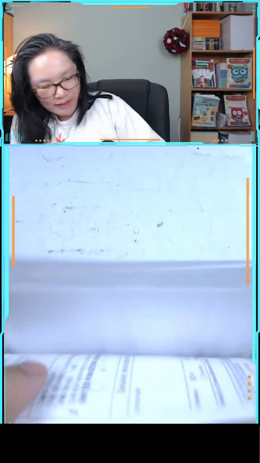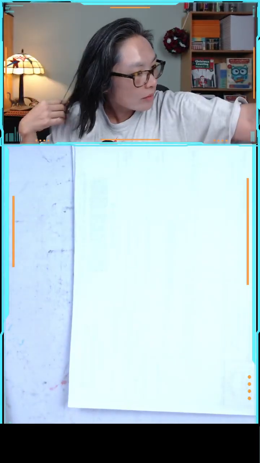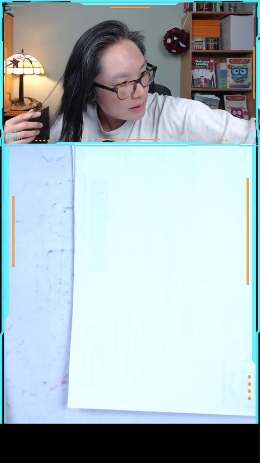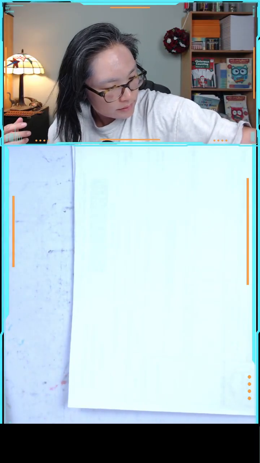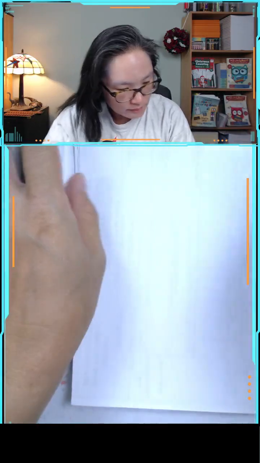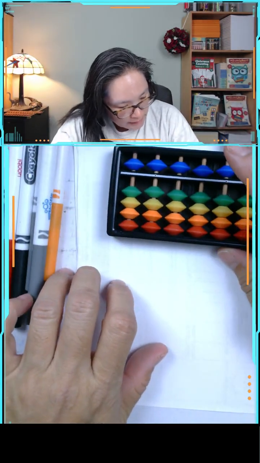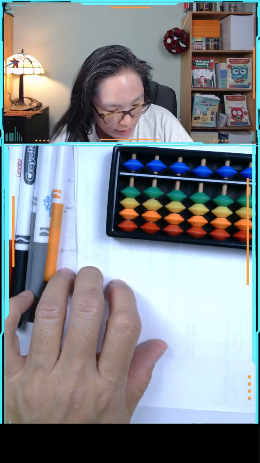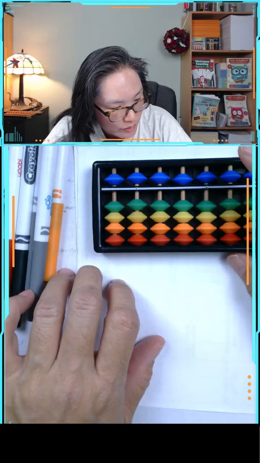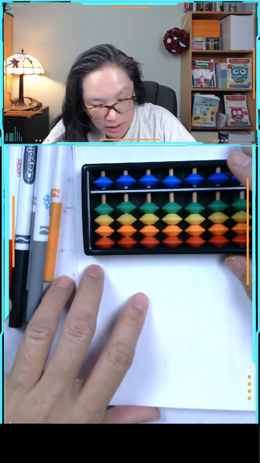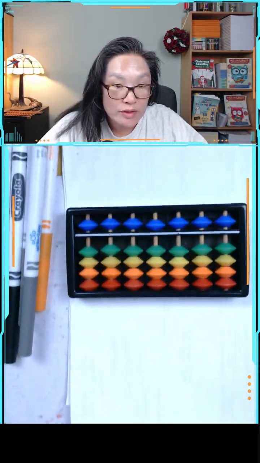All right. So, multiplication on the abacus. Now, I know you can do this in your head, but the idea is to be able to understand the concept. So in Abacus world, we do distributive property.